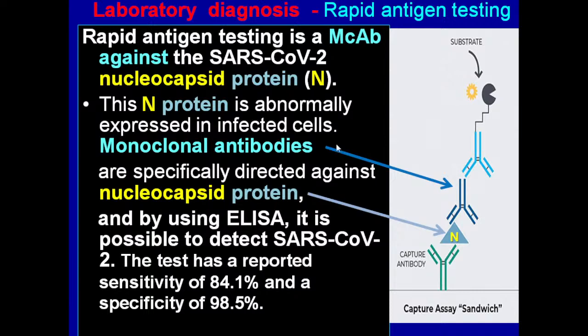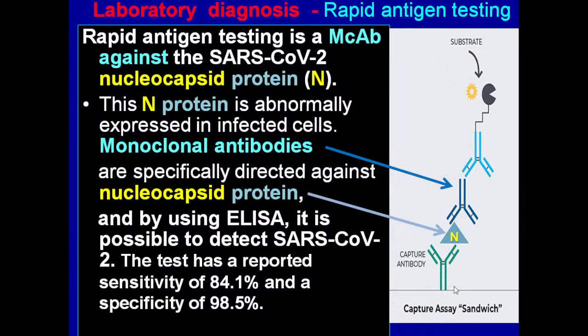So that's why it is of utmost importance, because the tests directed to the surface spikes may not be sensitive enough. The N protein is abundantly expressed in infected cells usually. So monoclonal antibodies are specifically directed against nucleocapsid protein.